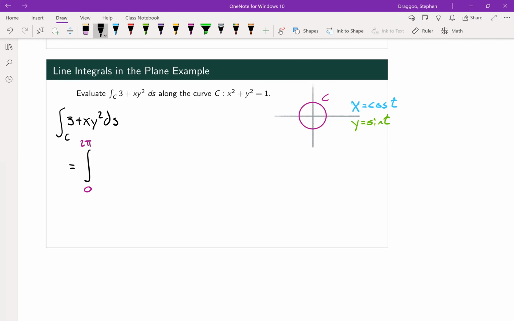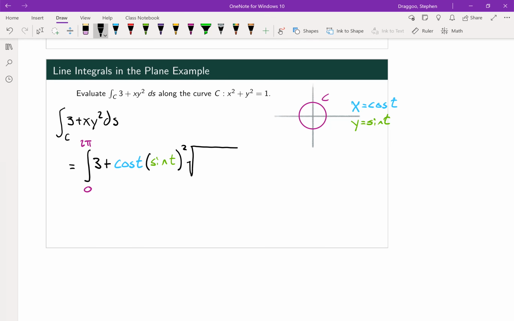And the inside will have 3 plus x times y squared, where x we said is going to be cosine of t, and y is going to be sine of t. And note that that was y squared.